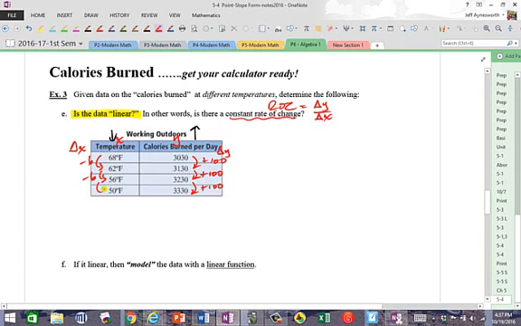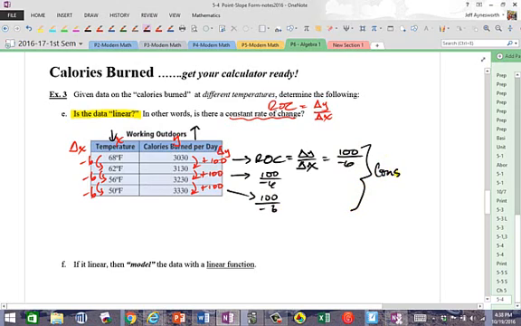Minus 6 is 50. All right. So in every case, your rate of change, which is equal to delta y divided by delta x, is equal to 100 divided by negative 6. All right, in every single case. So this one 100 divided by negative 6, this one 100 divided by negative 6. They're all constant. Constant rate of change. That means that the function is linear.